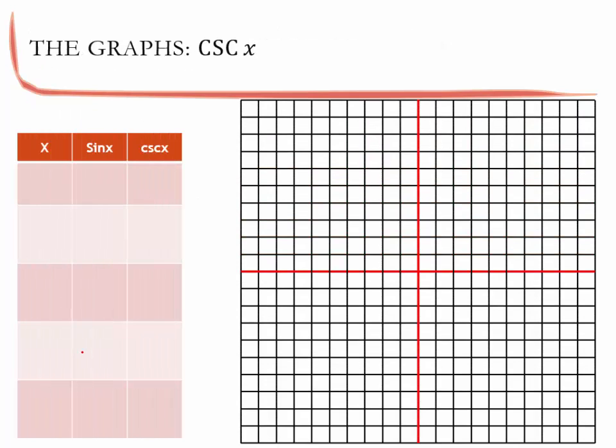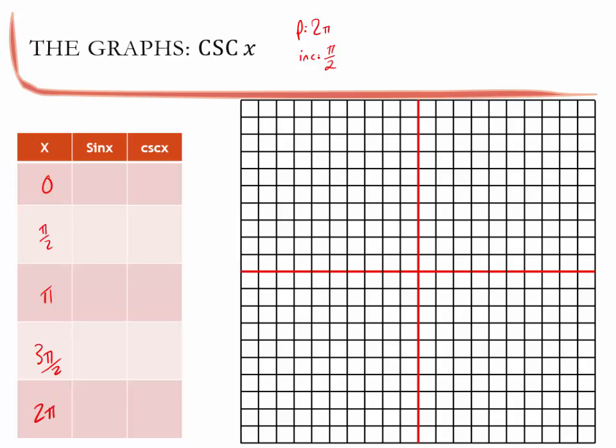Did we do this one? Yeah, we did all this already. Okay, good. So that means I can speed through this. Now the graph of cosecant of x. Let me just clarify this stuff. 2 pi, increments are pi over 2. And so we end up going 0, pi over 2, pi, 3 pi over 2, and 2 pi.